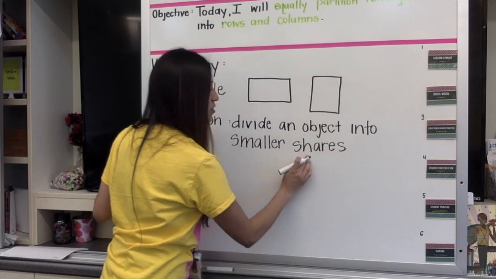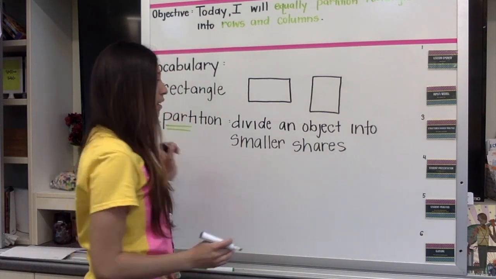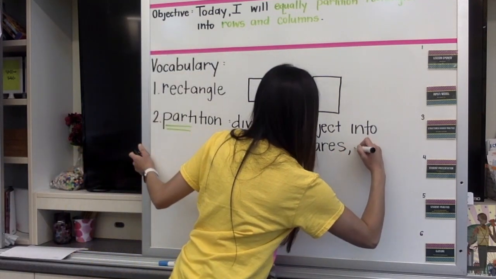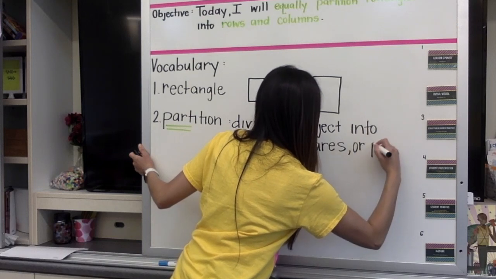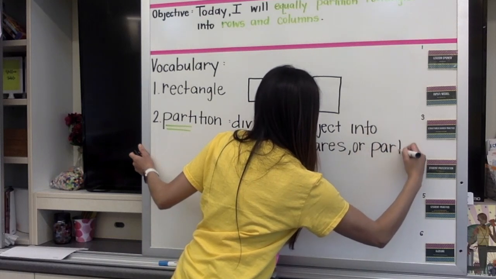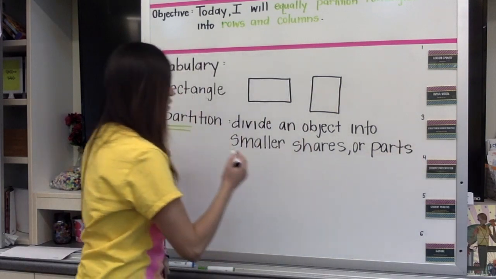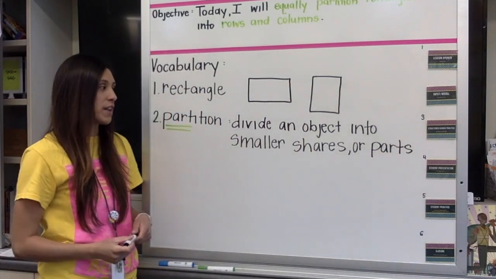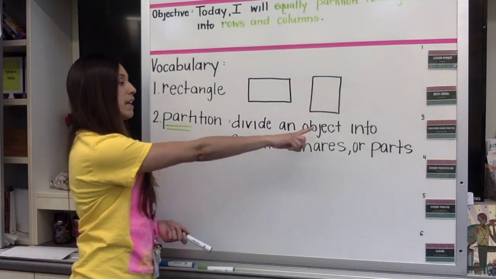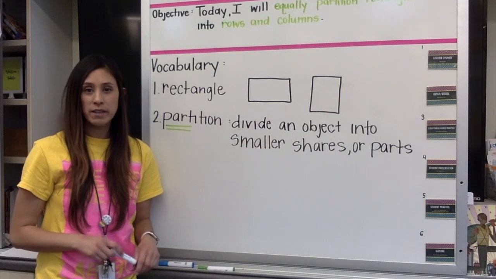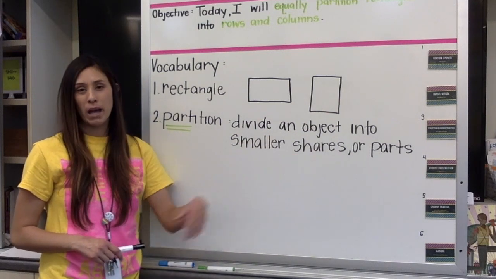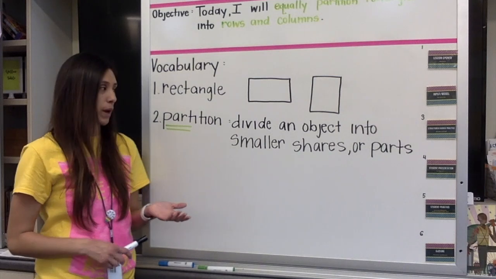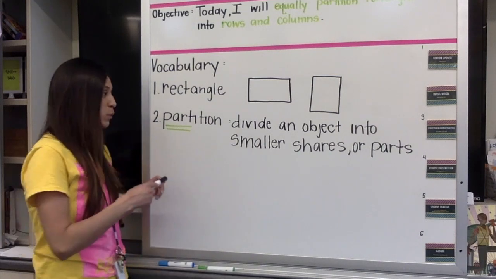And shares is just a fancy math word for parts. So again, to partition just means to divide an object into smaller shares, which is just a fancy math word for parts, all right?